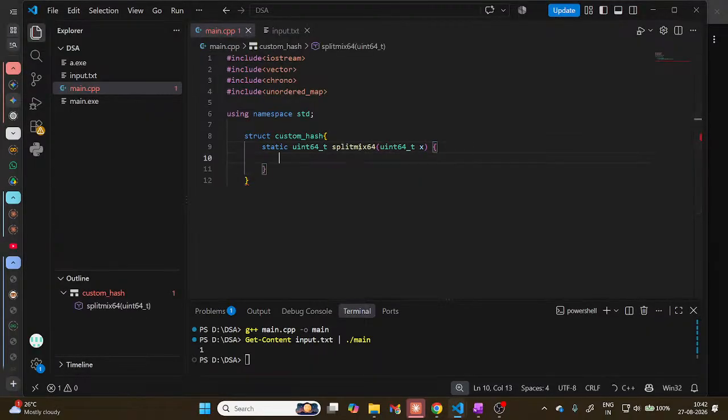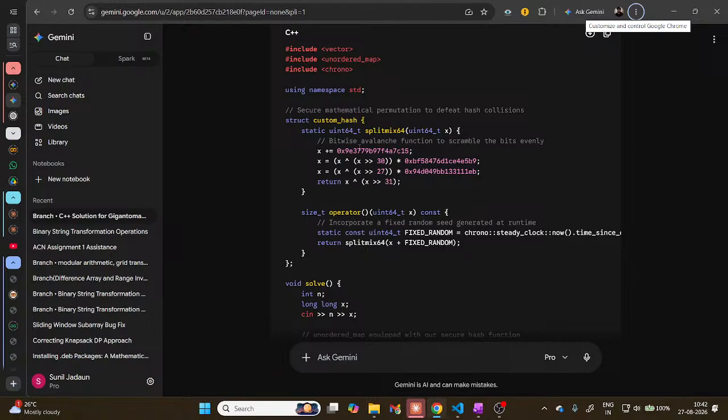In that, a bitwise avalanche function to scramble the bits evenly.